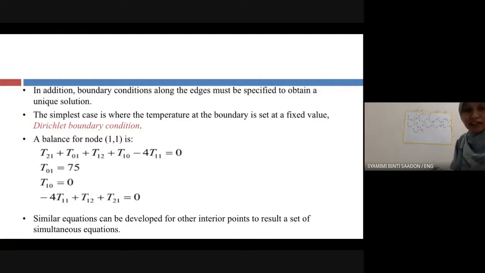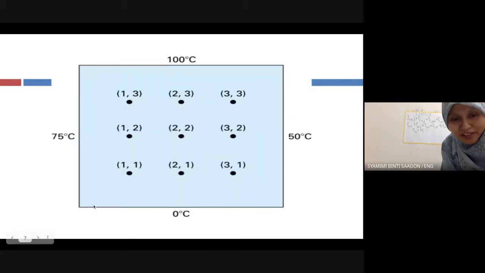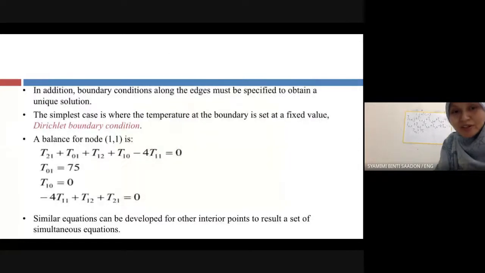Another boundary condition that we know is T10. T10 is here, along the line where y is 0. So T10 is 0 degrees, T20 is 0 degrees, T30 is 0 degrees because it is the boundary condition. Those are the boundary condition values that we are given.